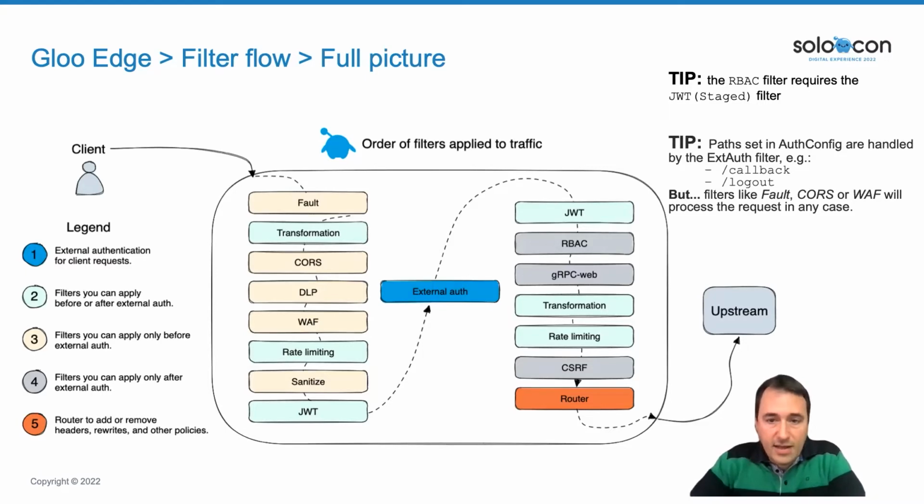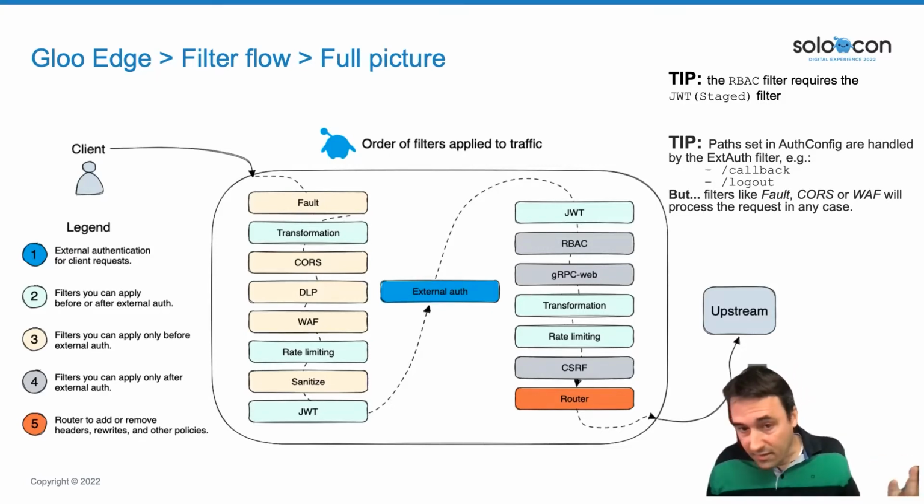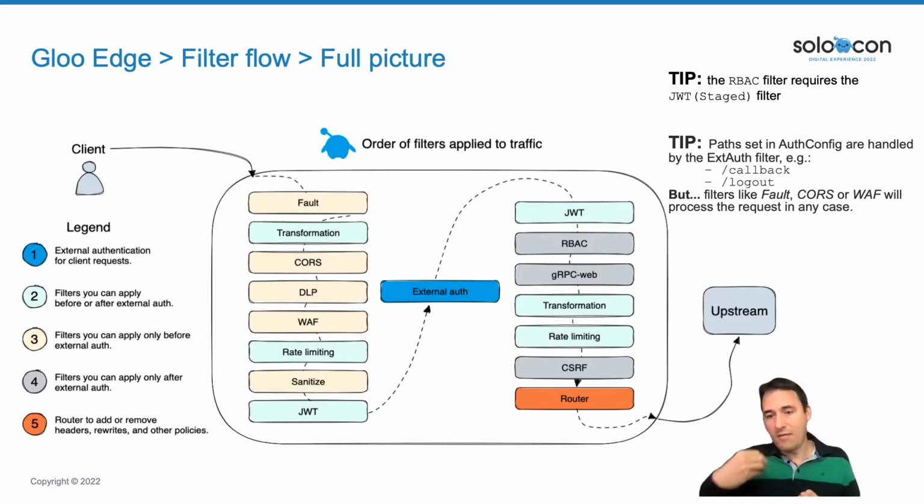To finalize, this is the full picture of how the whole filter chain looks. And there are filters that only make sense after the external auth. For example, the RBAC filter, or these other ones. The RBAC filter in this case needs the JWT filter to have information about the claims.